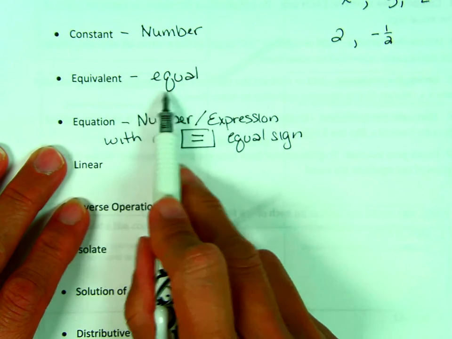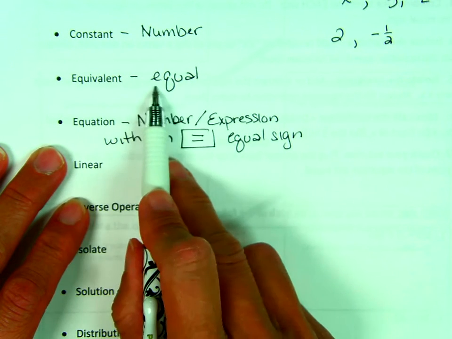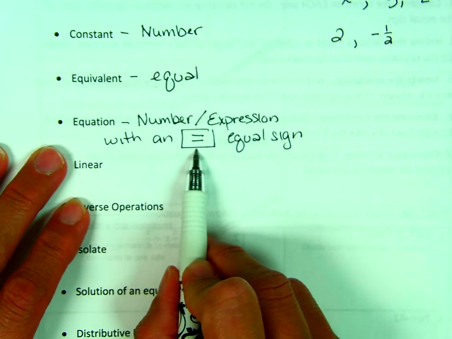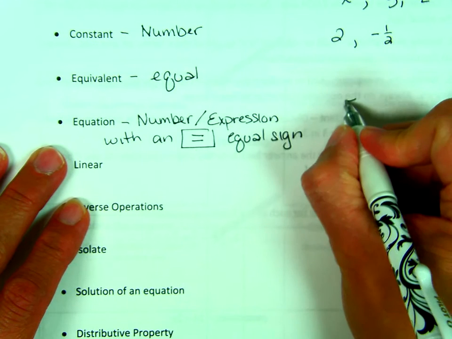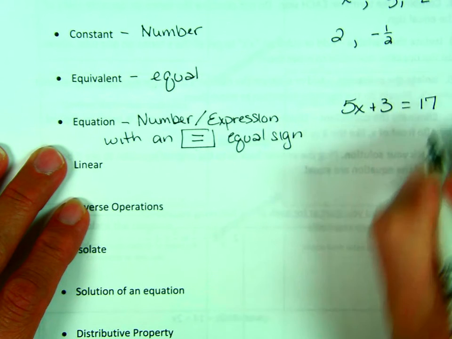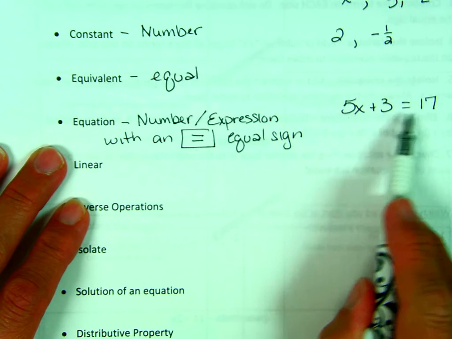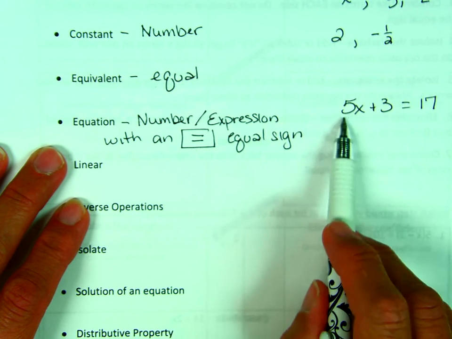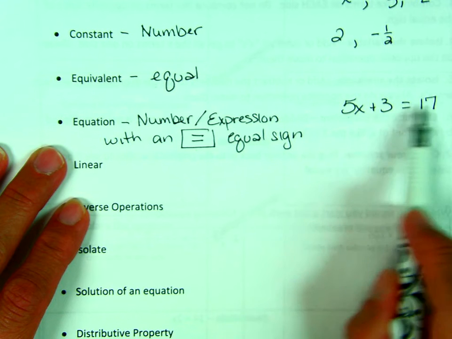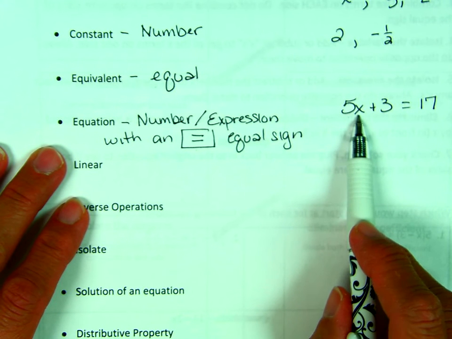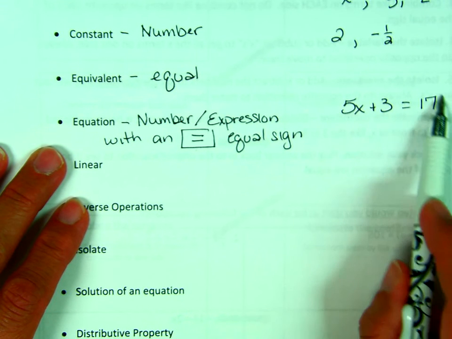So two expressions are equivalent on either side of the equation. For example, if I have 5x plus 3 equals 17, then I would know, because of the equal sign, that 5x plus 3 is equivalent to 17. When I'm solving, I'm trying to find the value of x that would make these two equal.